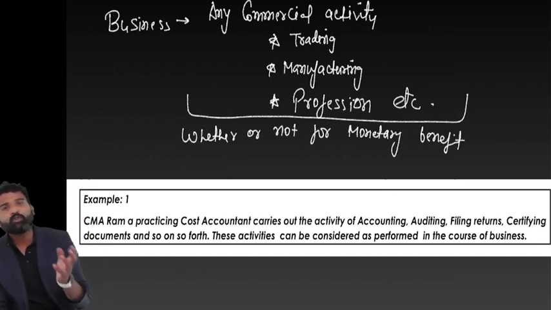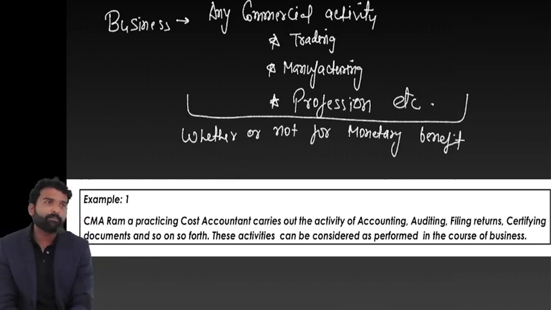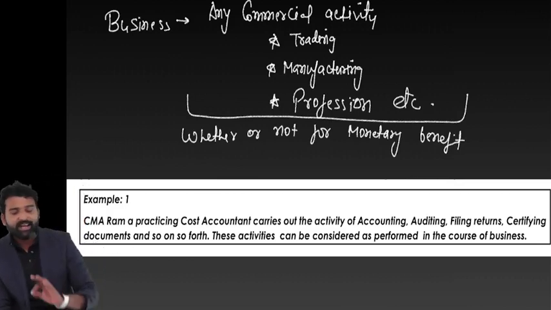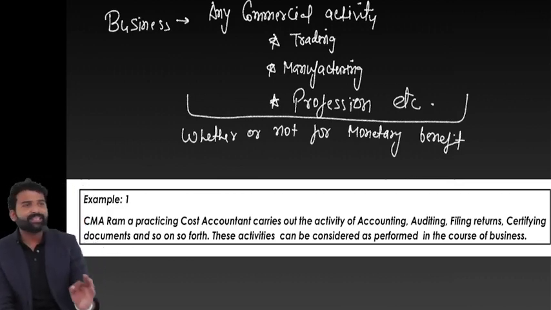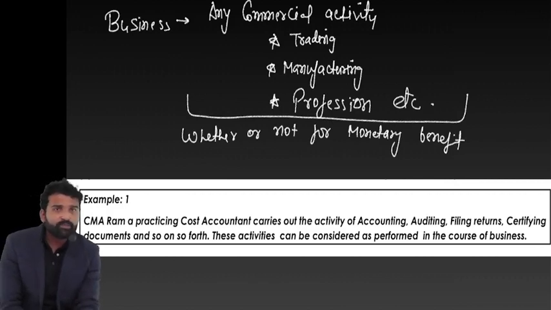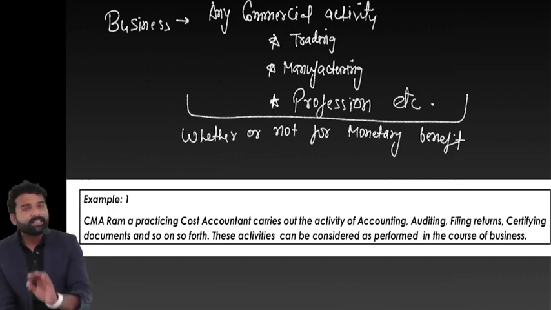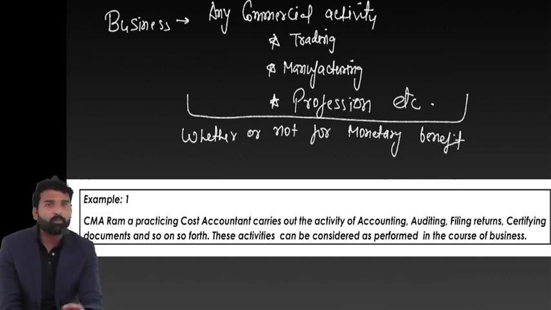Even for non-monetary purposes, we have to pay GST if I am doing any business activity. Any trading, commercial activity, manufacturing, profession, wager, anything, whether for monetary or non-monetary benefit, whether profit motive or non-profit motive, if it is a business activity, then it is covered under the ambit of GST.